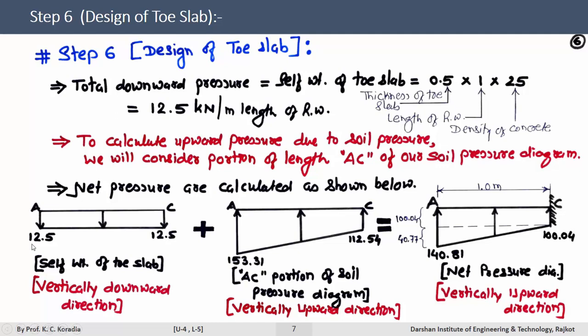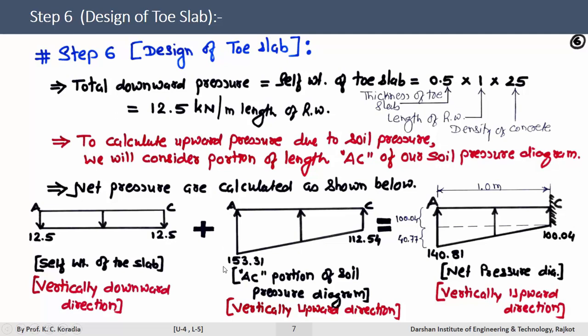The pressure intensity of 12.5 kN per meter square is of constant nature. That is, at point A and at point C, we are having the same pressure of 12.5 kN per meter square. The second part of the diagram represents the AC portion of the soil pressure diagram.